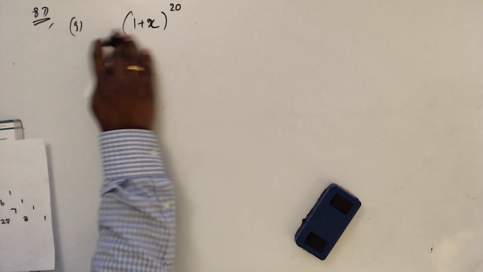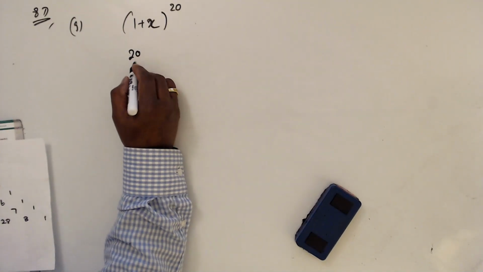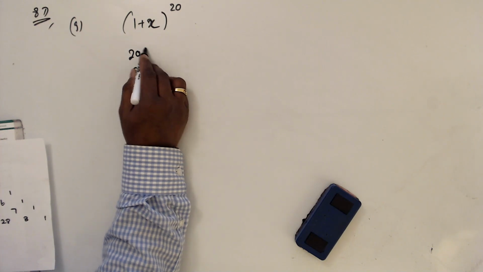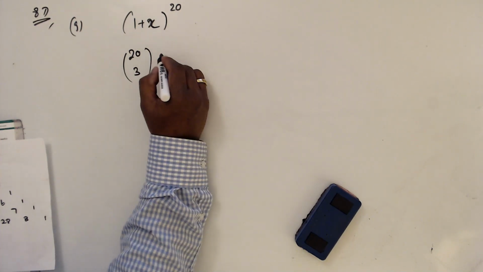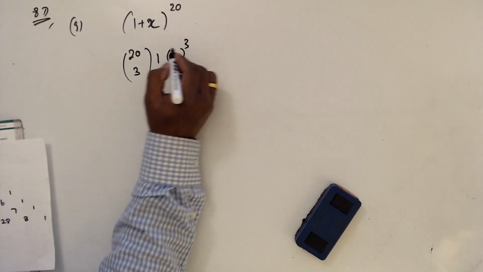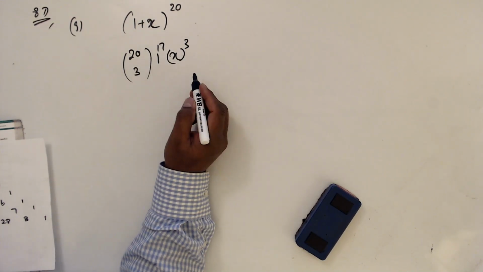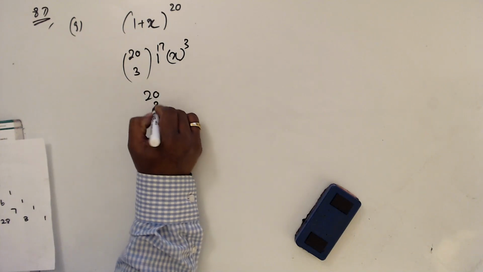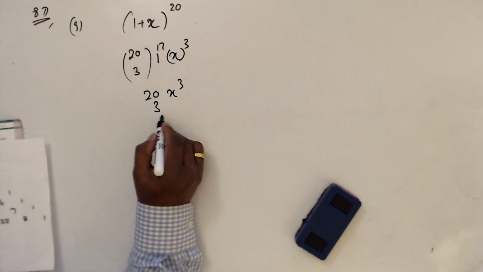1 plus x to the 20, 23. 1 x cubed. This is 70. It means 23 x cubed.